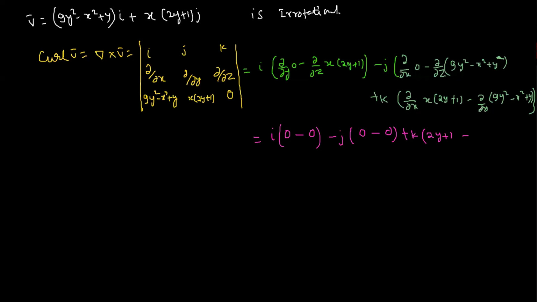Derivative of 9y square is 18y minus 1. 0i, 0j. But this is not 0, right? This is not 0 vector.